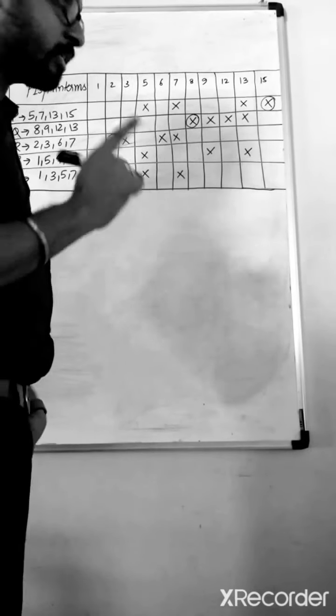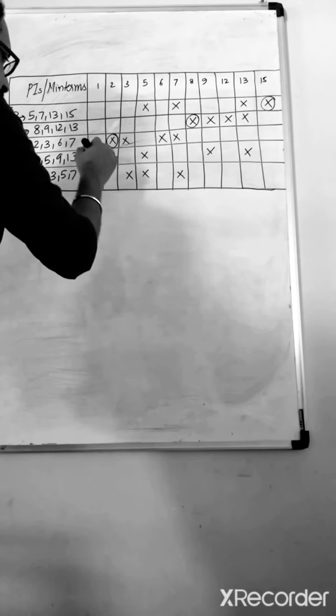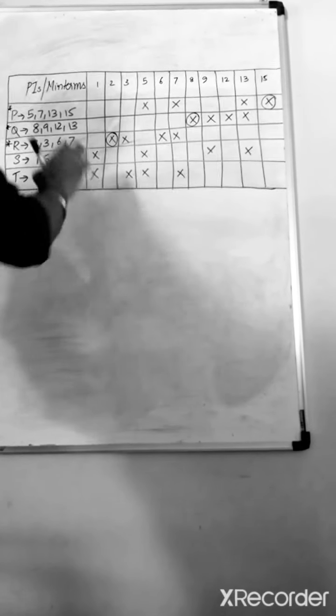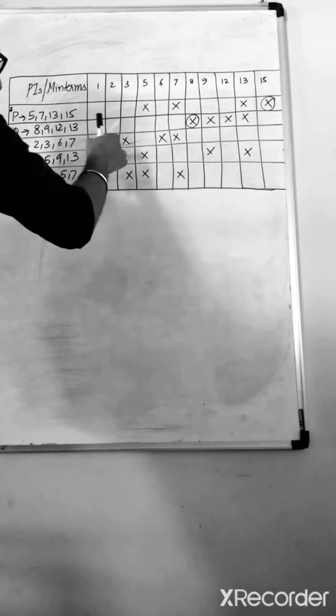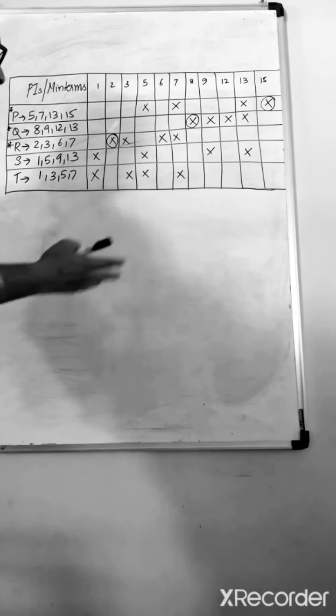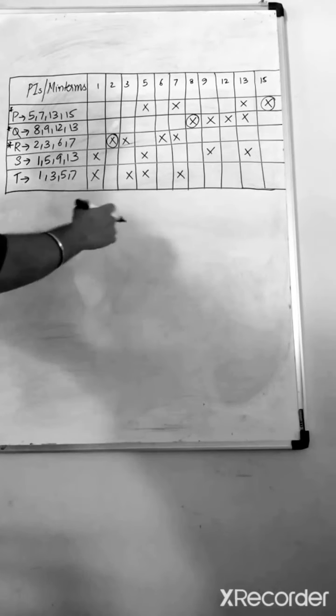That one value is covered by both S and T. So we find the prime implicant that also covers this value 1. For example, if we had a 1 here, it would be covered and there would be no other cases.